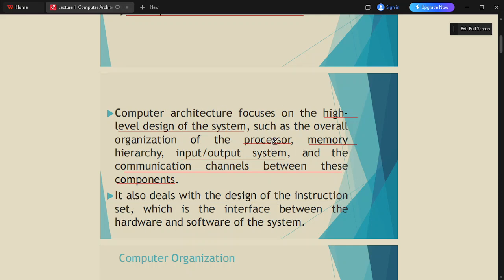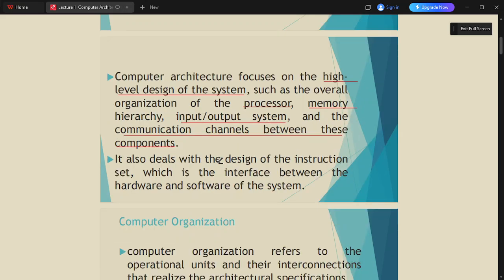These components are the processor, the memory, and the output or input system. The communication channels simply refer to the pathways that transfer data among these components. Think of it as a road or a route that data is transferred through to all parts of the computer, the components we've highlighted in this point.